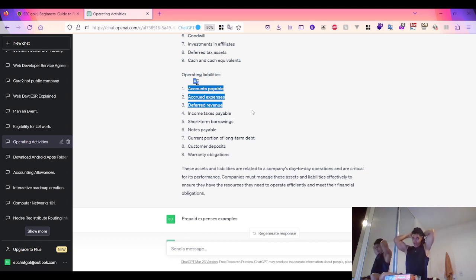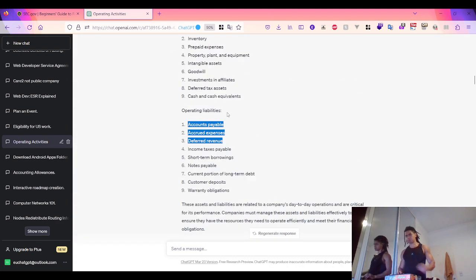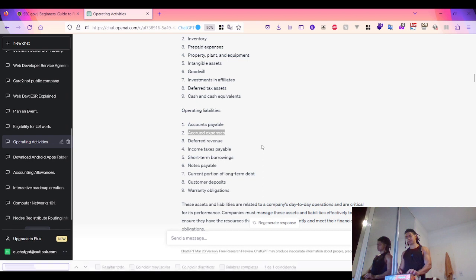Then I looked at accrued expense, which is expense that a company incurs for good or service that has been delivered. Accrued expense, really?